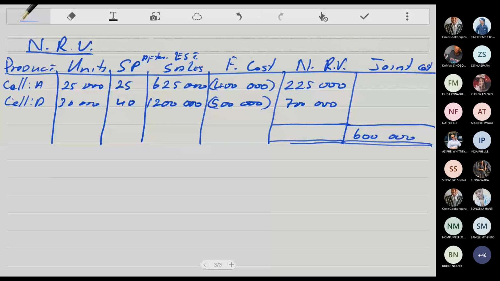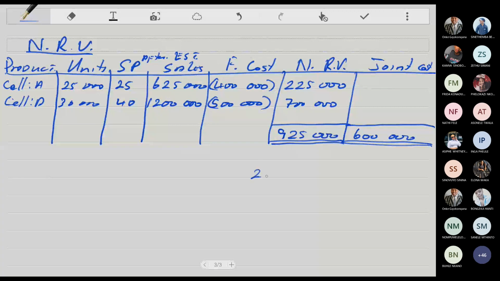So you add this 225,000 and 700,000. So our total here is 925,000.